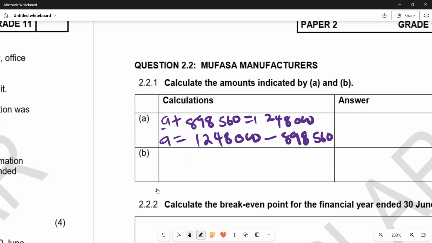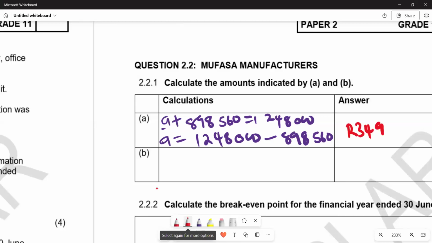When you subtract correctly, your answer is 349,440 rands. So this is the answer that we have.